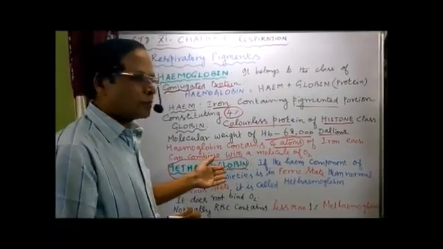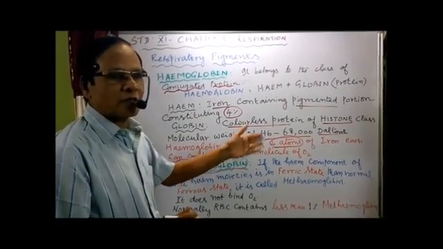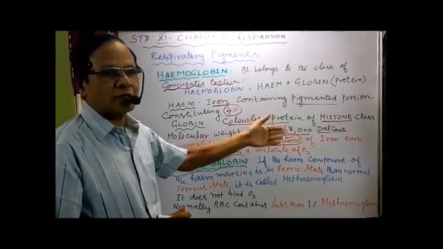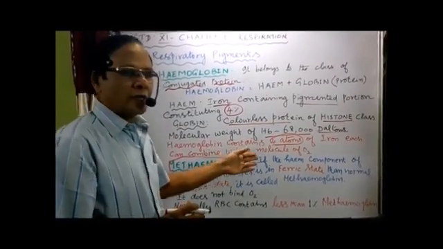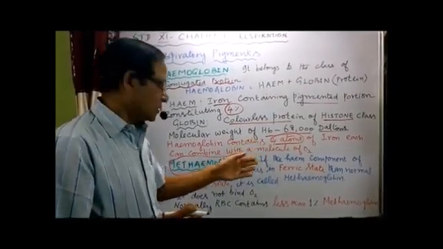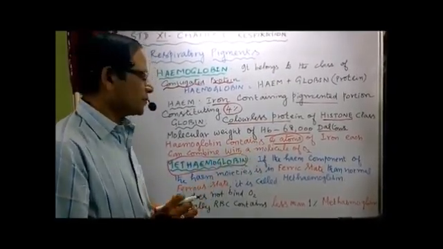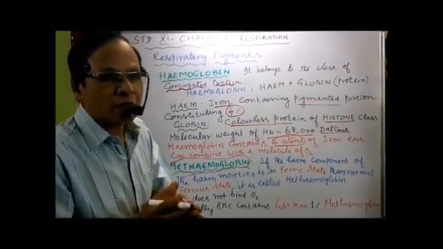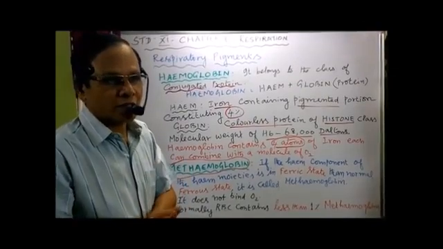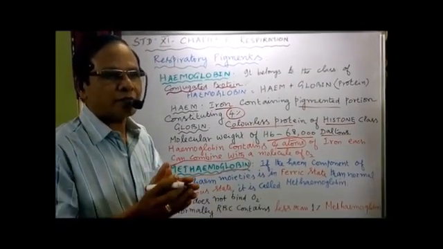If the concentration of methemoglobin increases, we have a disorder in the child called blue baby. When the iron atom is in the ferric state, it is called methemoglobin. This methemoglobin has no capacity of binding with oxygen.